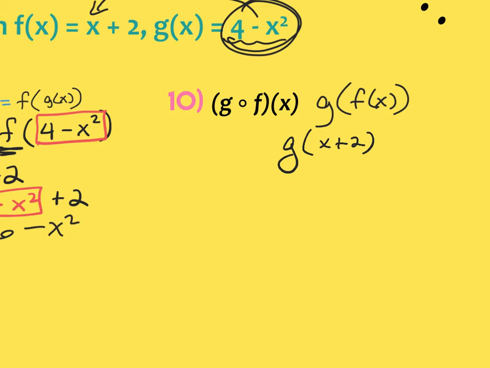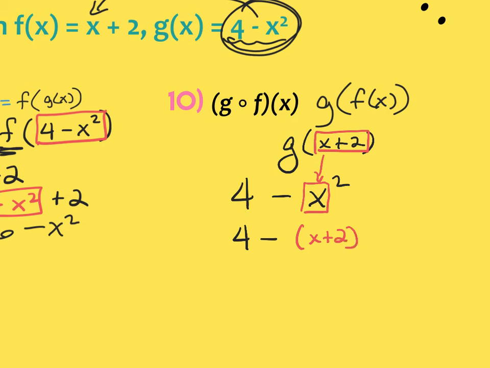So remember, your g of x equation is 4 minus x squared. Again, you're taking out only the x, and in its place, you're going to put in x plus 2 instead. So we're going to keep the 4 and the minus. Now what I'm plugging in is x plus 2 for the x, and then I'll put back the square.